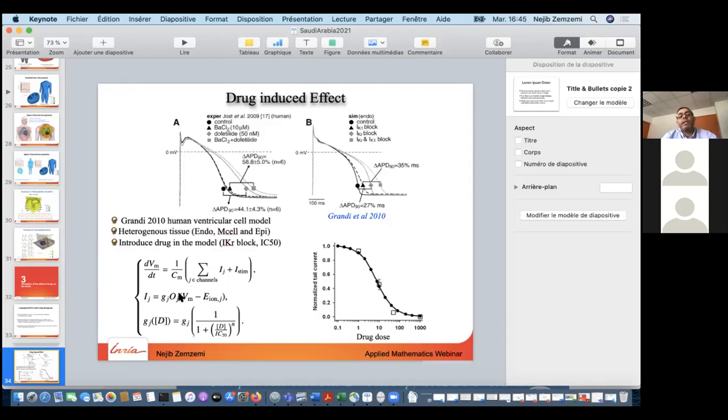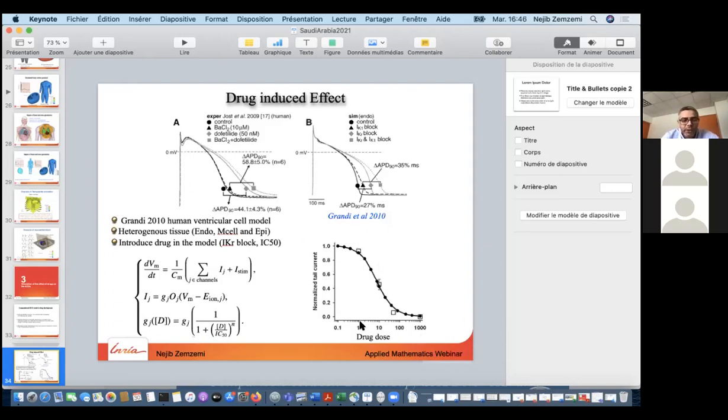Og is a function that depends also on other gate variables. And this conductance depends on the drug dose. They give a Hill equation, which is the original conductance multiplied by a Hill equation here that introduces the dose.